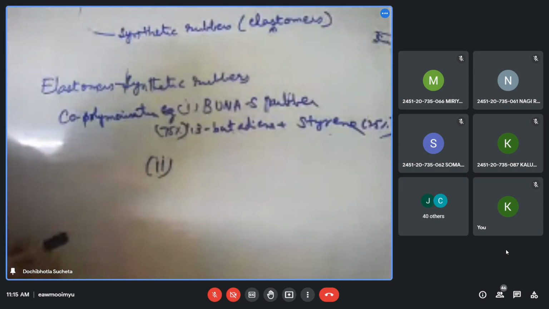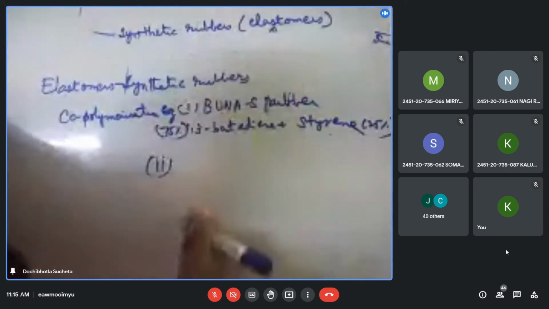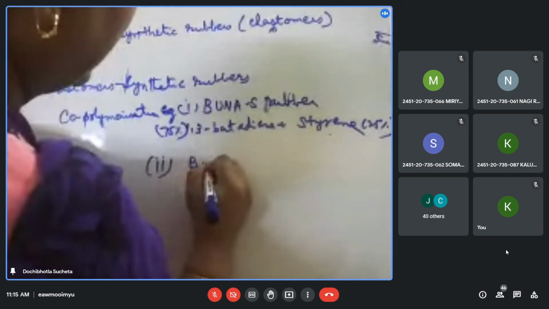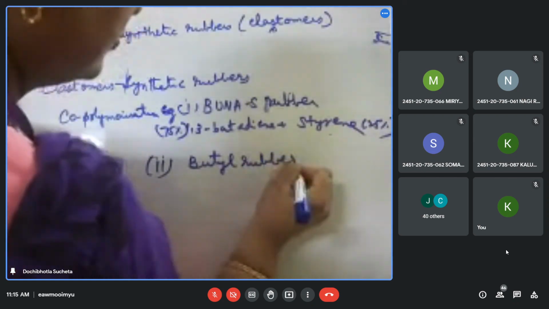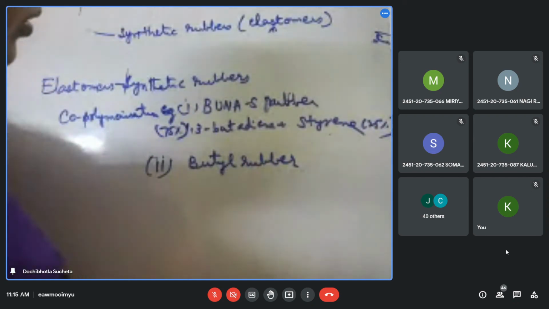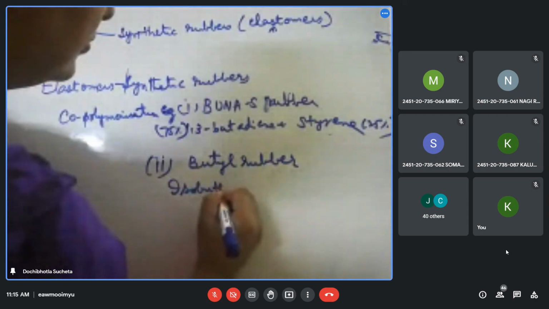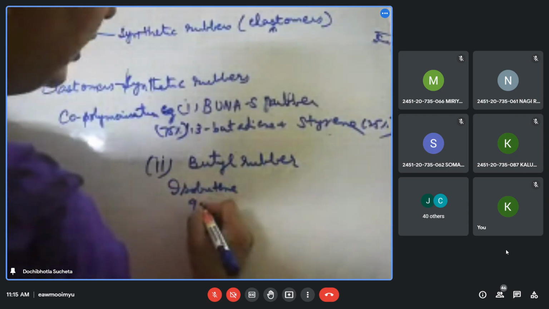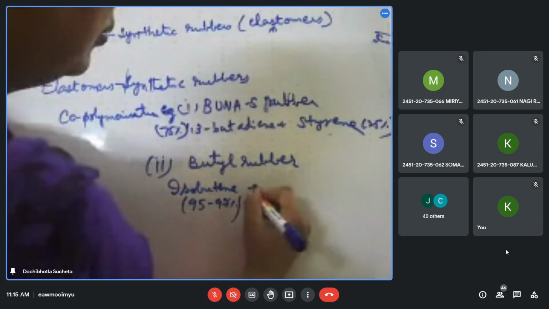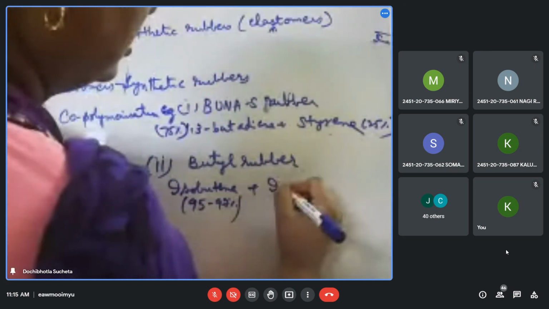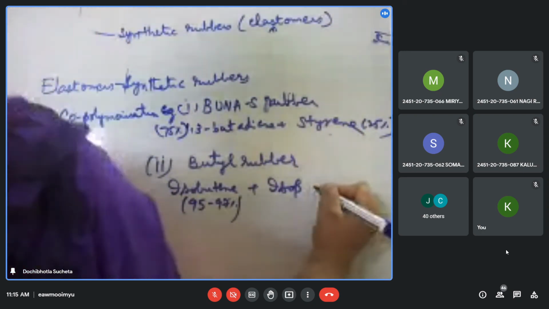Example 2. This is just as running notes. What you have in syllabus is butyl rubber. You have isobutene, 95 to 97%, plus isoprene. One second.